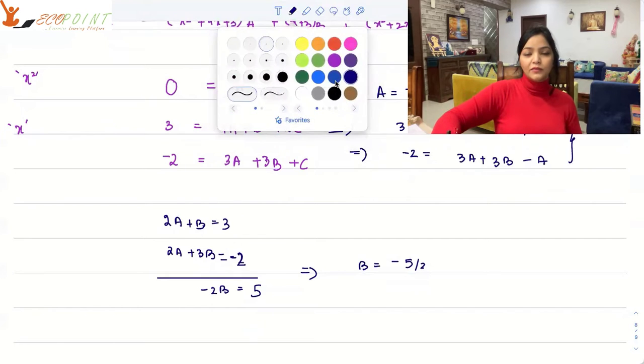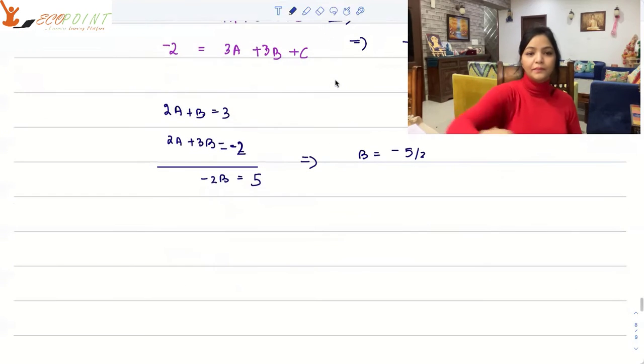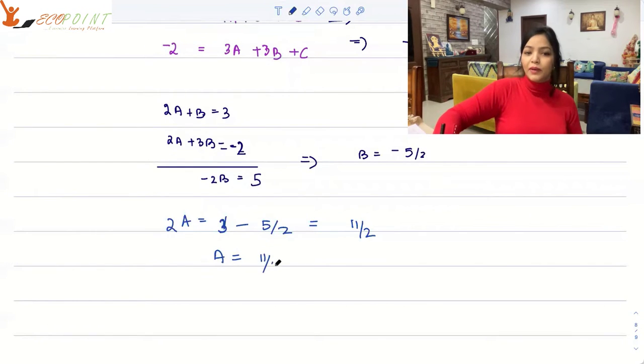If B is equal to minus 5 by 2, your A will turn out to be: 2A is 3 minus B, that is 3 plus 5 by 2, that is 11 by 2, and that means A will be 11 by 4. If A is 11 by 4, then C is minus 11 by 4, right?